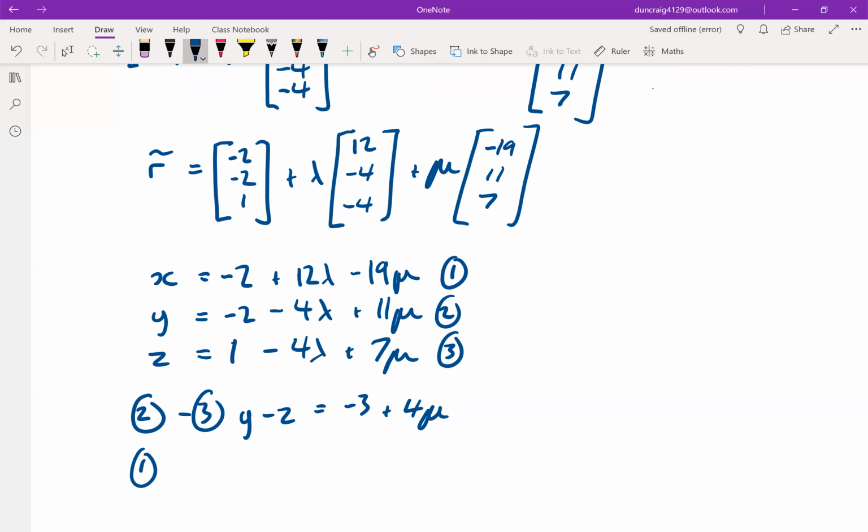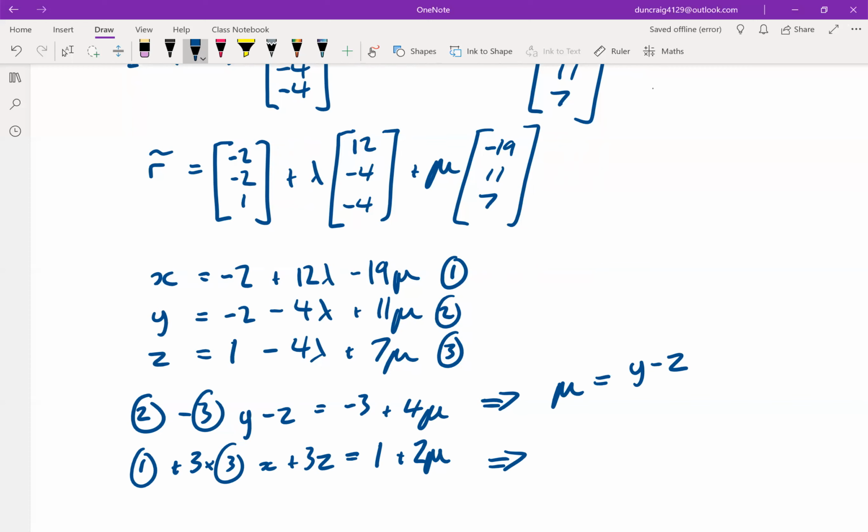If I did 1 plus 3 lots of 3, that would give me x plus 3z is equal to 1 plus 2 mu. If I was to rearrange both of these, that would give me mu is equal to y take z plus 3 over 4. This would give me mu is equal to x plus 3z take 1 over 2.